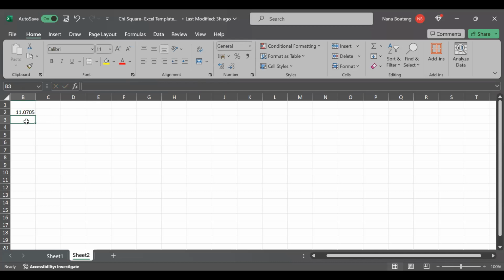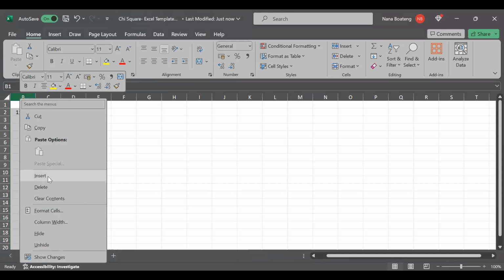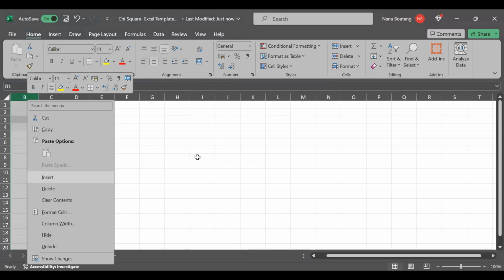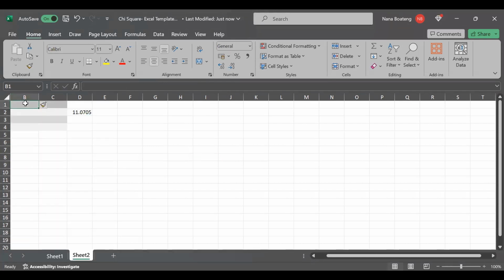Let's try. So the degree of freedom is 5, probability is 5%.